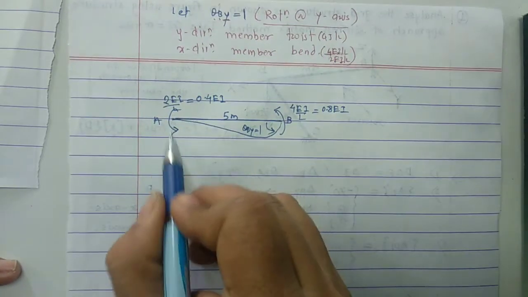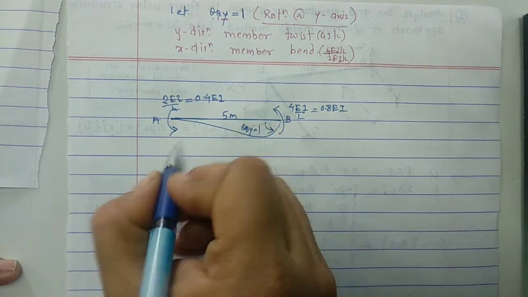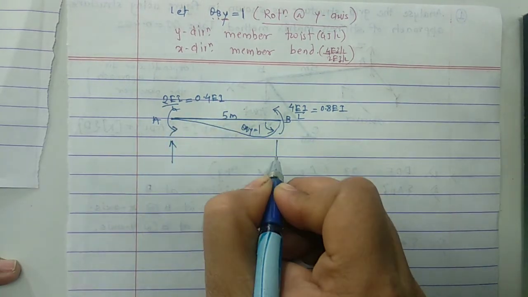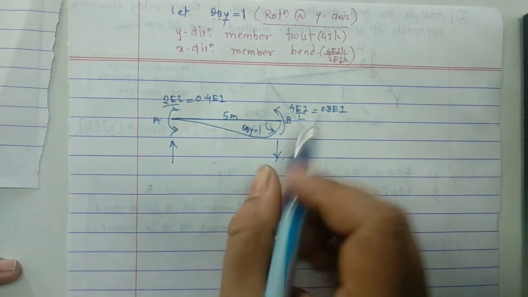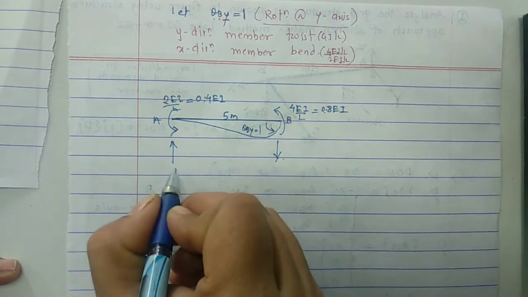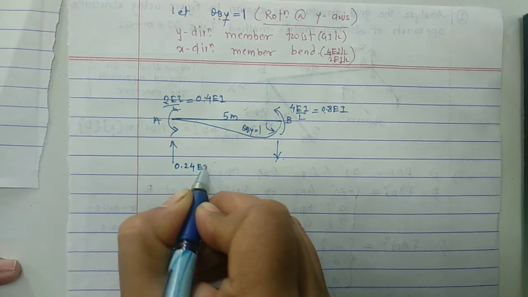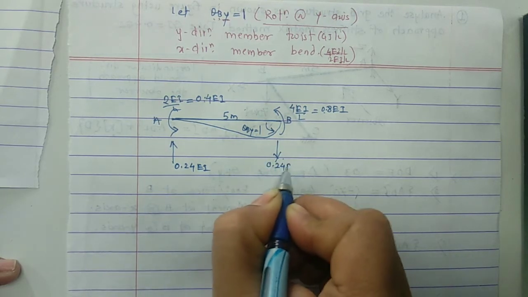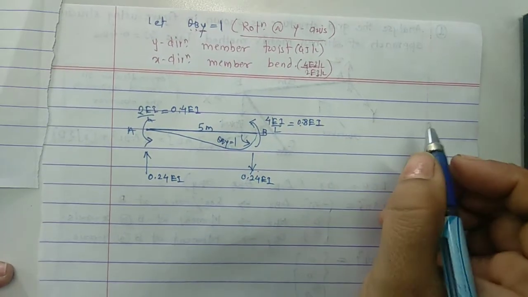These are the moments in an anti-clockwise direction. Reaction should form a clockwise couple. So this reaction can be calculated as the addition of moments 0.8 plus 0.4 divided by span 5, that is equal to 0.24 EI. That is for the AB member.